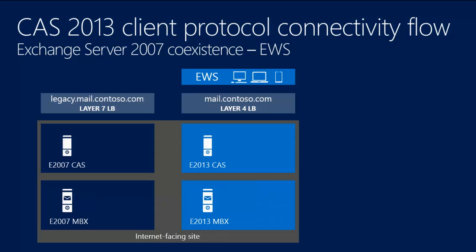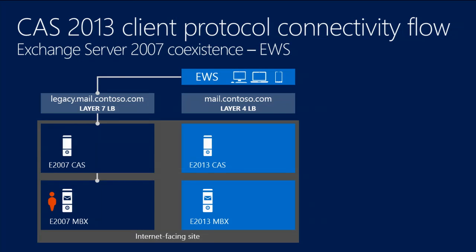Now in a 2007 coexistence scenario, we have the legacy namespace. You always have to be talking to a CAS that's on the same version. In 2007, if your mailbox is on 2007, you need to talk to a 2007 CAS for EWS. But again, it's Autodiscover that's handing this information back to the client. It's not really up to Exchange. So the Autodiscover request should ensure that this is actually what's happening.